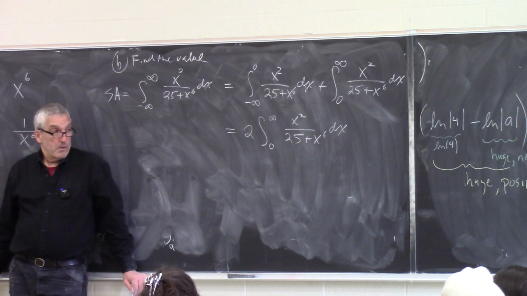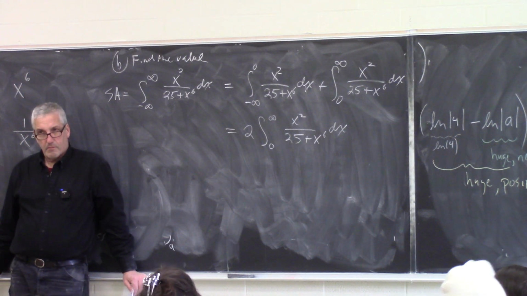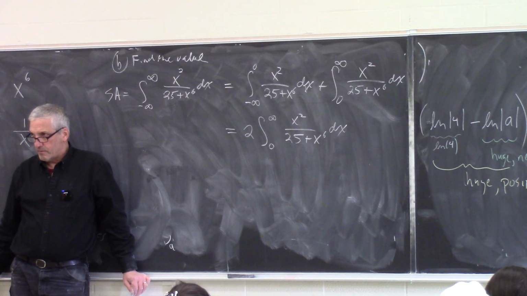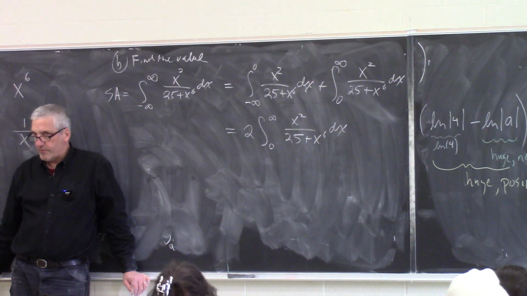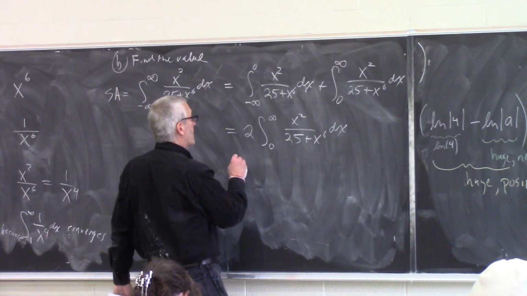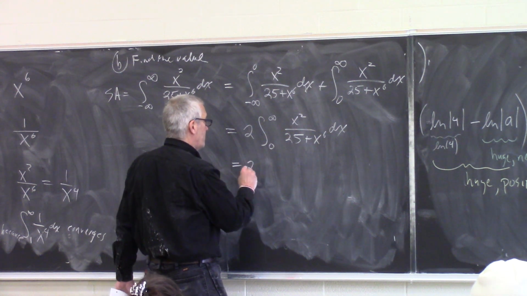Also, we know that there's one integral that we've done where the denominator is 1 plus x squared. We know about that integral, but there's not a 25. And so let's get that 25 out of there. So this is 2 over 25.